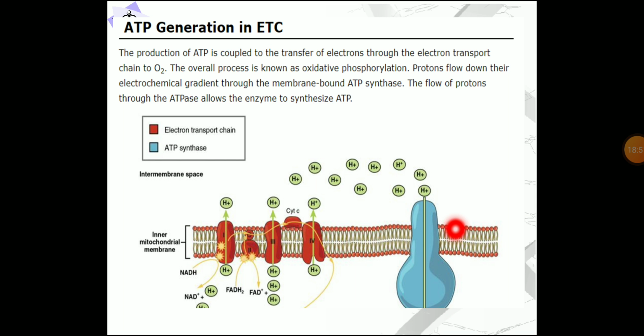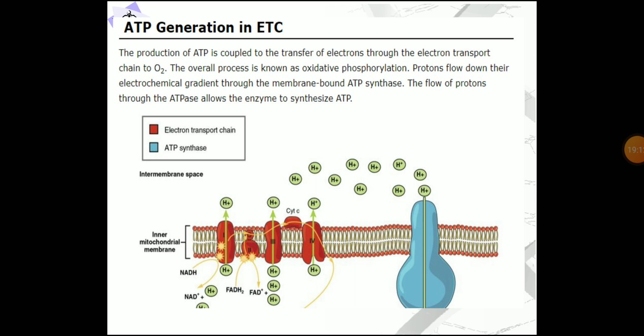The flow of protons through the ATP synthase allows the enzyme to synthesize ATP from ADP and Pi. So that much regarding the components of the electron transport chain.